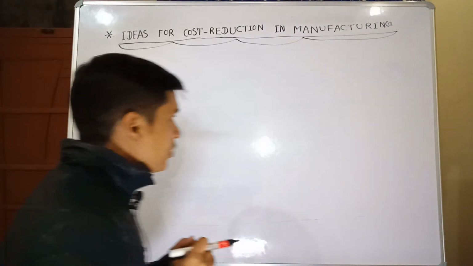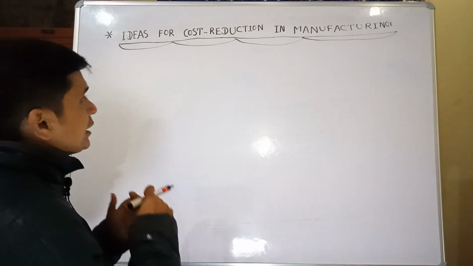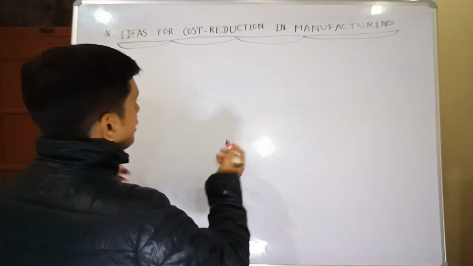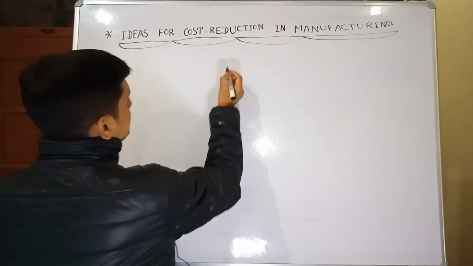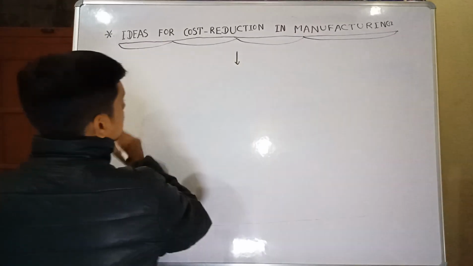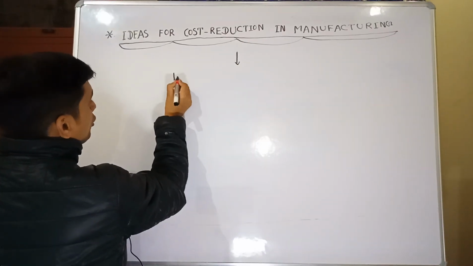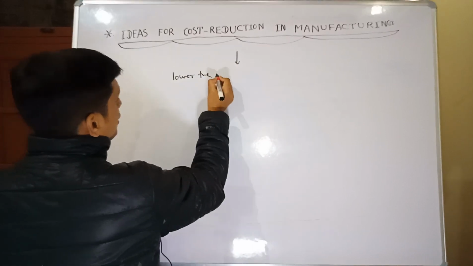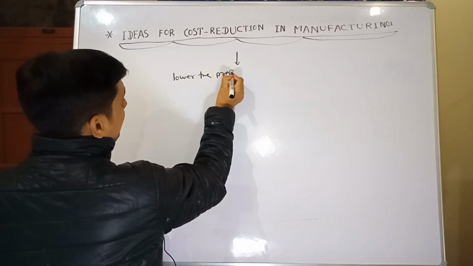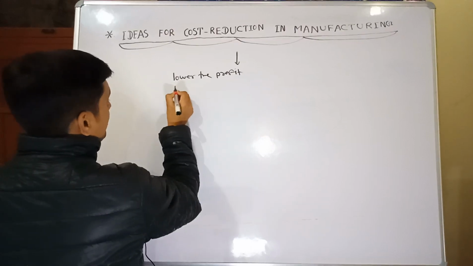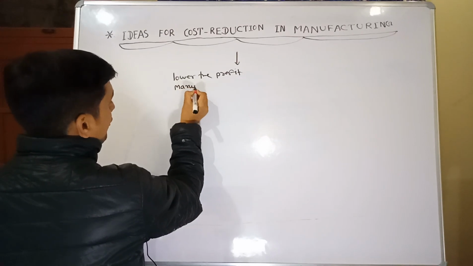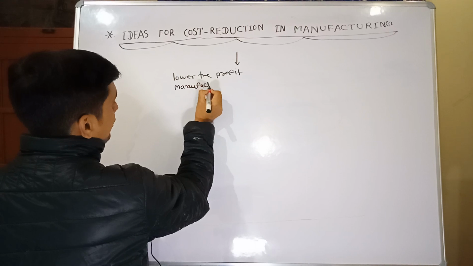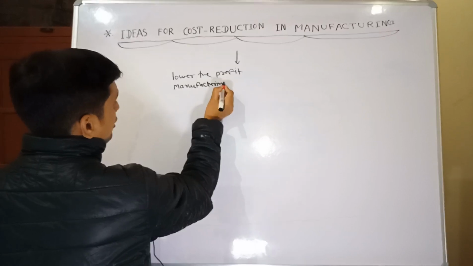So you have two options for profit margin. First option is lower the manufacturing cost.